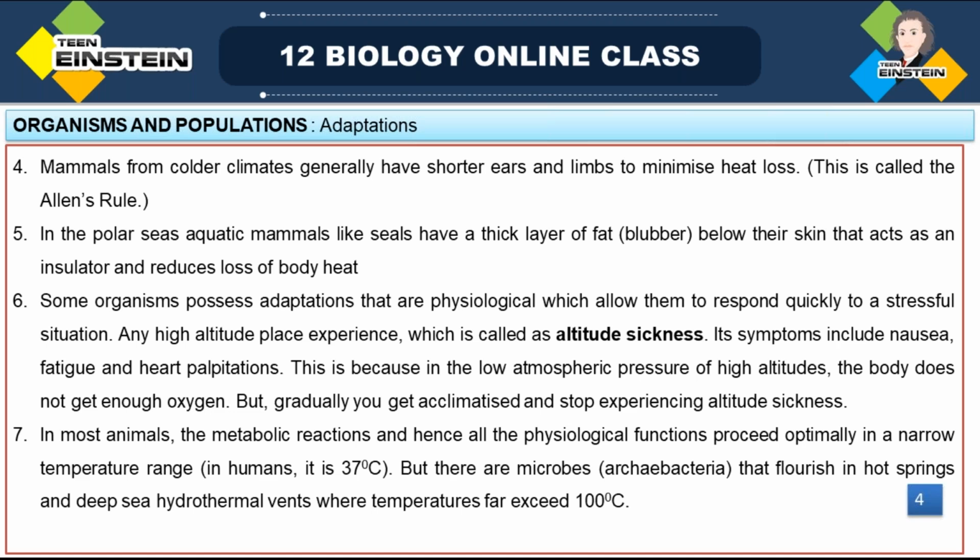They live in hot springs and deep sea hydrothermal vents. Archaebacteria are a special group. They are able to live in extreme temperature ranges, 100 degrees and above. In such microorganisms, all physiological and metabolic processes take place at high temperature because they got adapted to that condition.